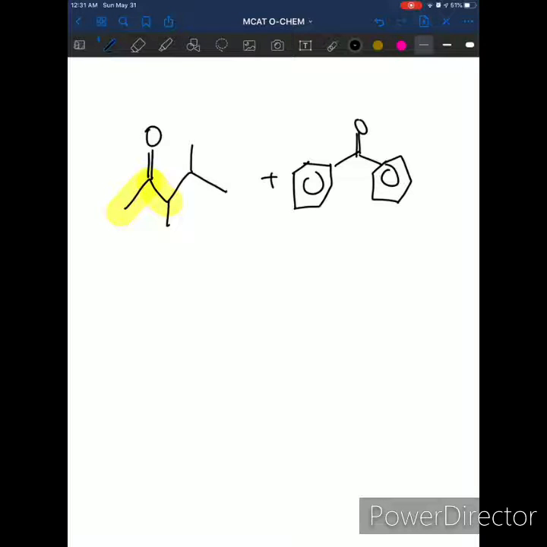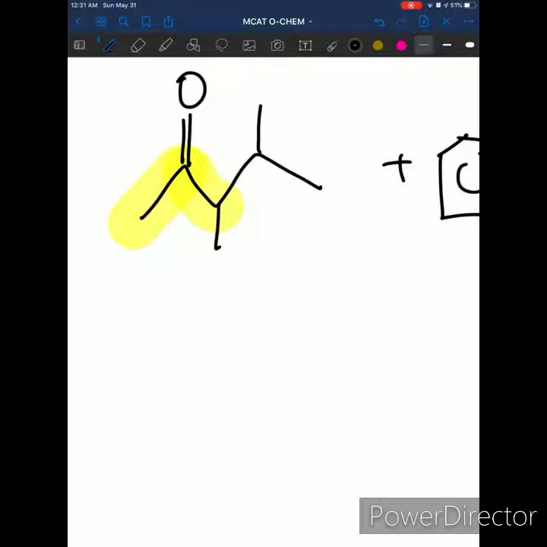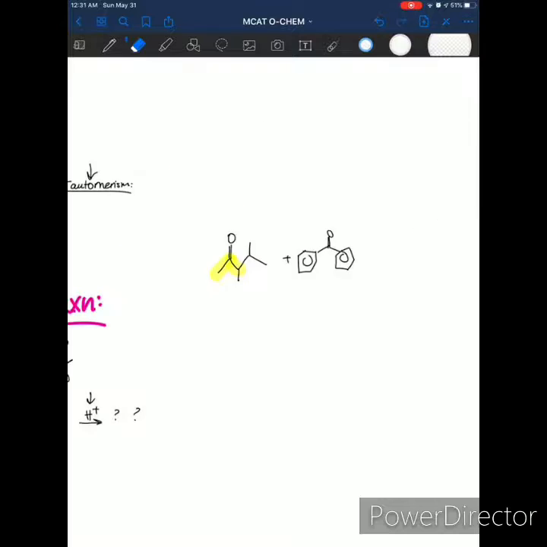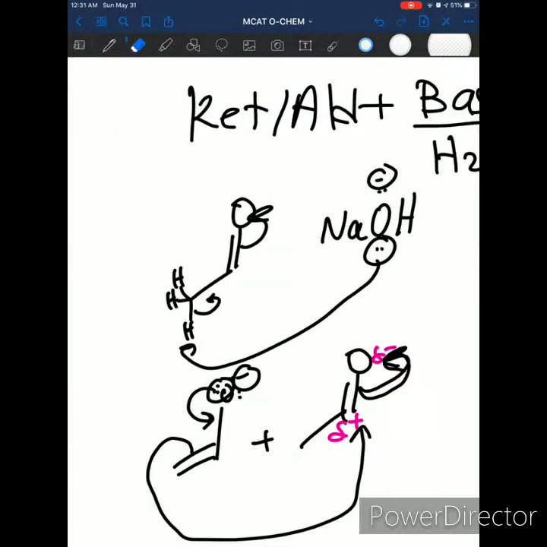So let's go ahead and show you guys what this reaction would do. So obviously I'm going to need a base, and here is something that's really important when it comes to this. So let's go ahead and zoom out. So over here, I only had one option.